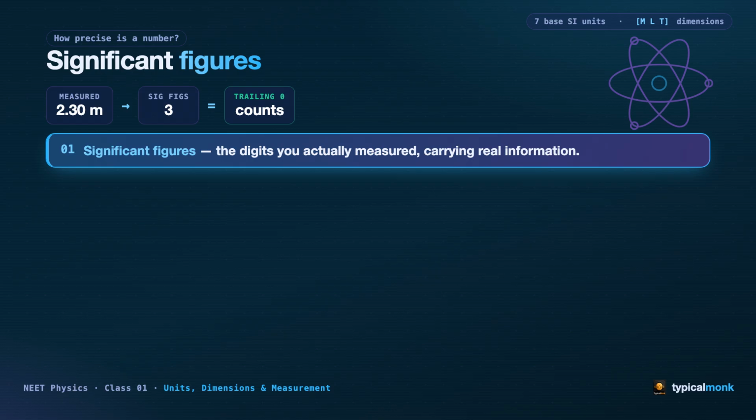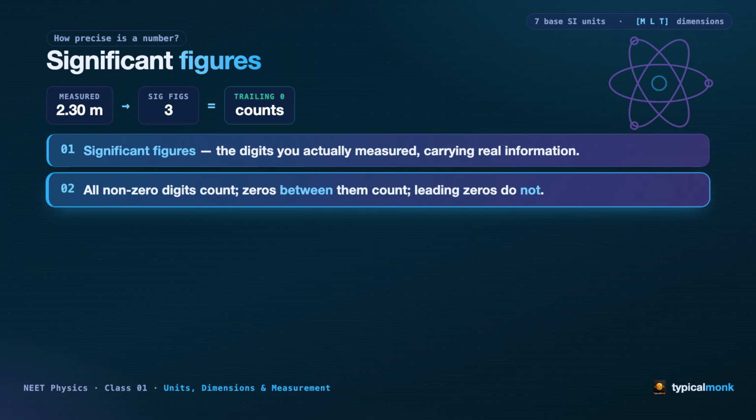When Raya writes 2.30 meters, that final 0 is not decoration. So 2.30 has 3 significant figures.